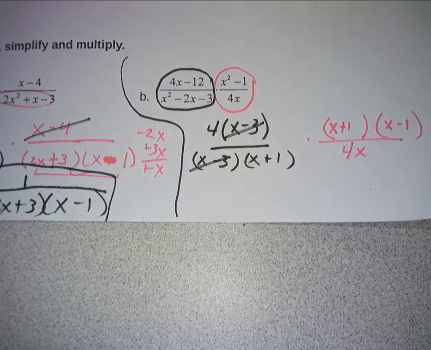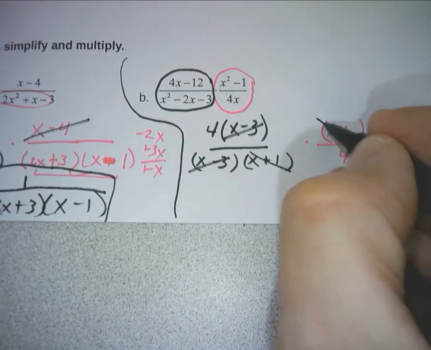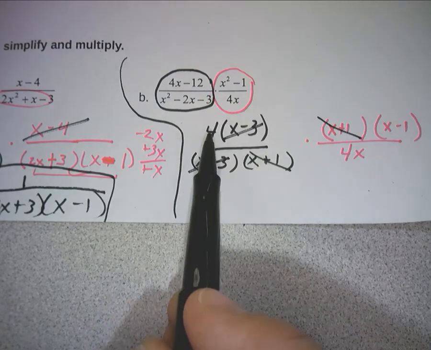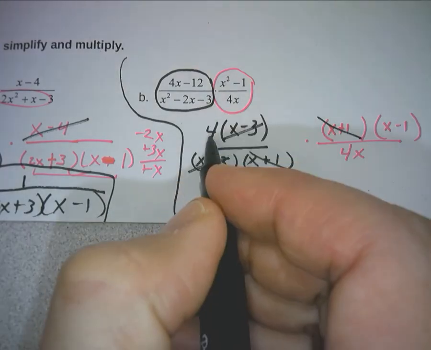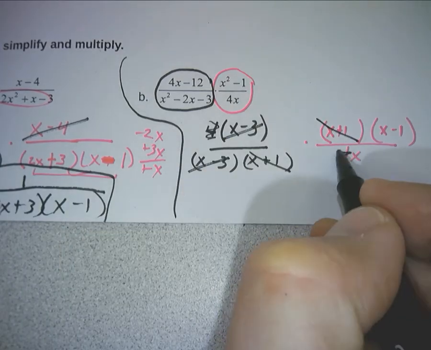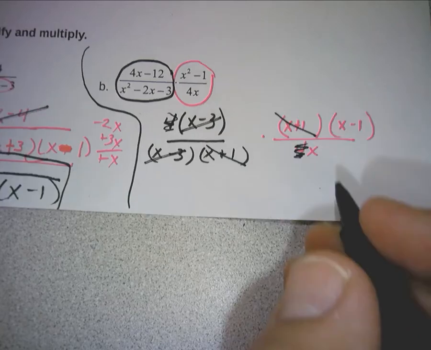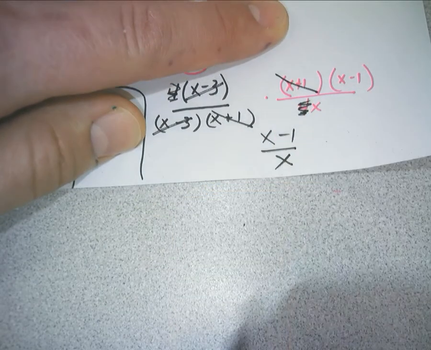Do you guys see anything else we can karate chop? Or x plus 1. X plus 1s. Chop them. When the dust settles, I take a look. I got some monomials here too. So the monomials reduce each other. So the 4s can be reduced. And now when I take a look, the only thing I got left is x minus 1 all over x.